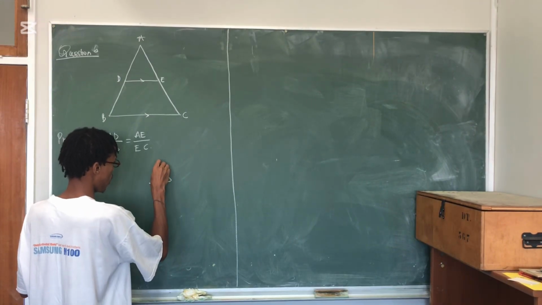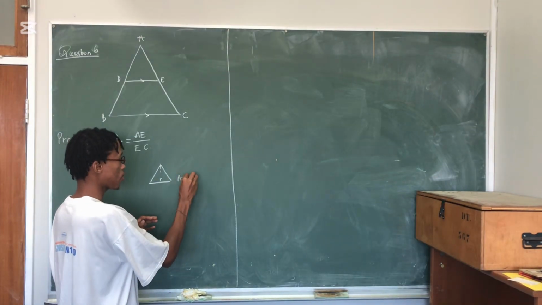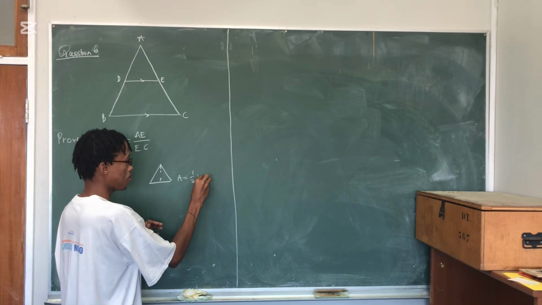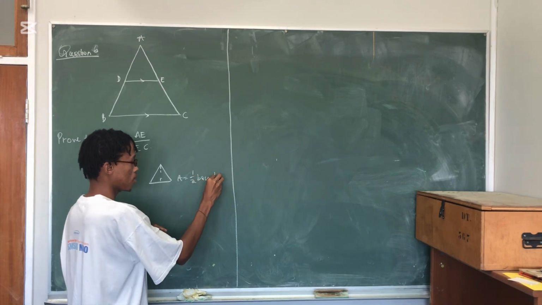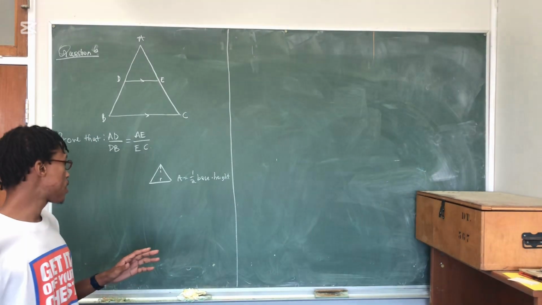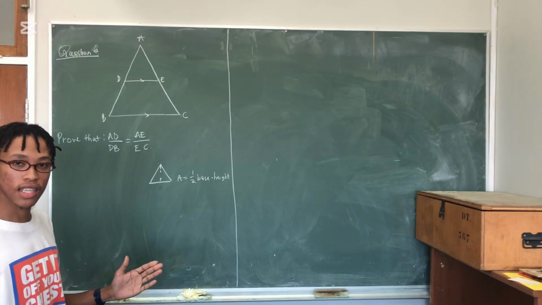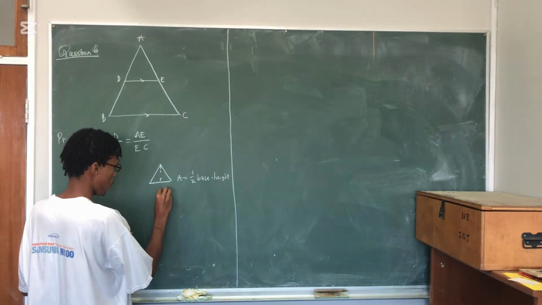if we use the area of a triangle, say this triangle for instance, the area of the triangle will be half base times height. For some triangles, the height is within the triangle itself.